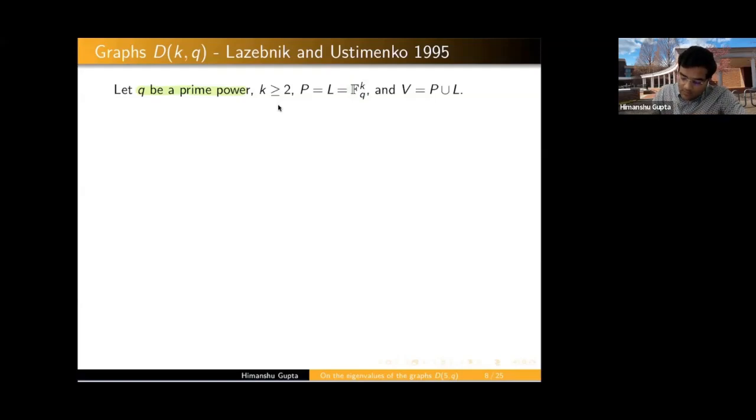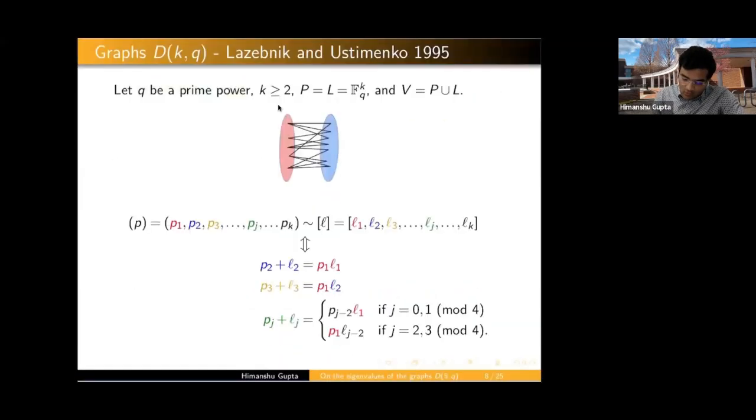And we build the vertex set as P union L. One copy we refer to as P, another as L. P we think of as points, and L we think of as lines.